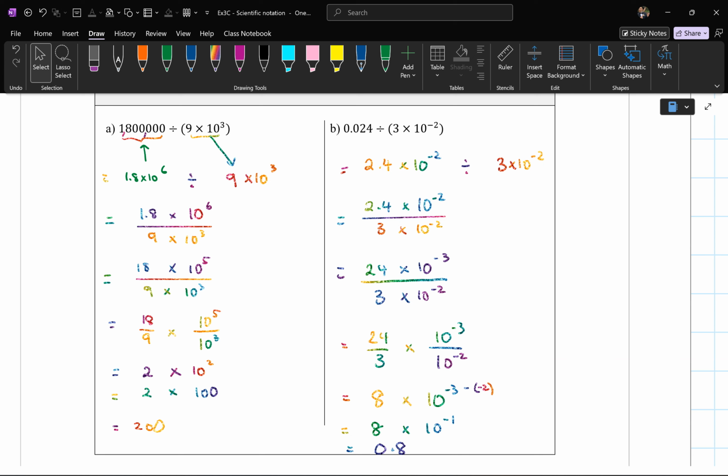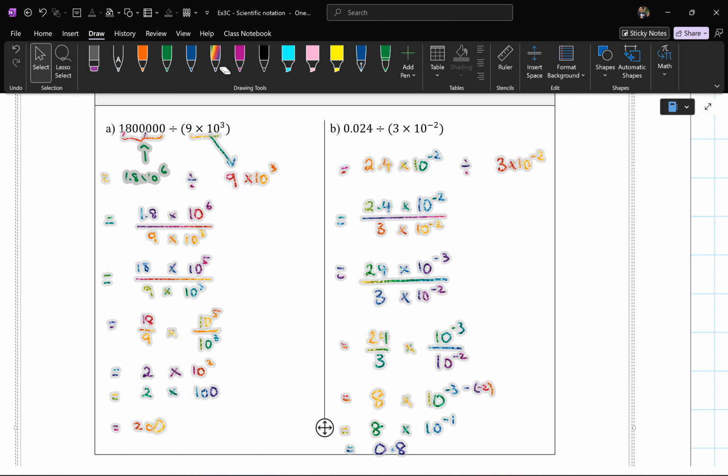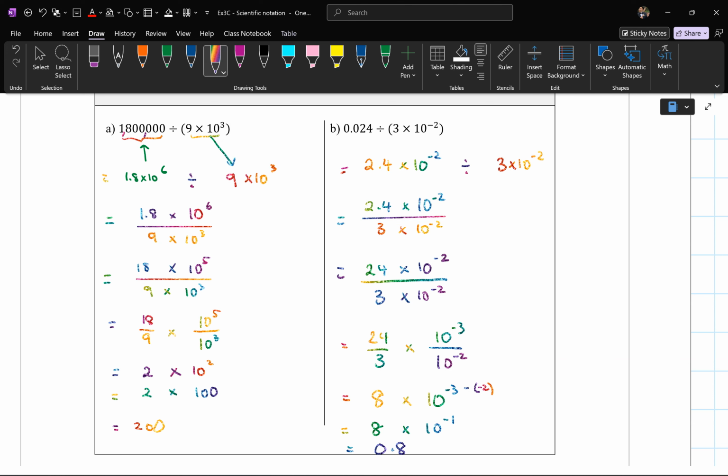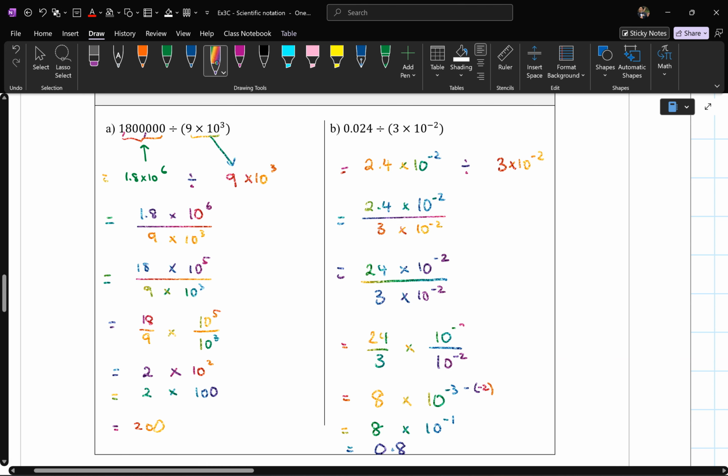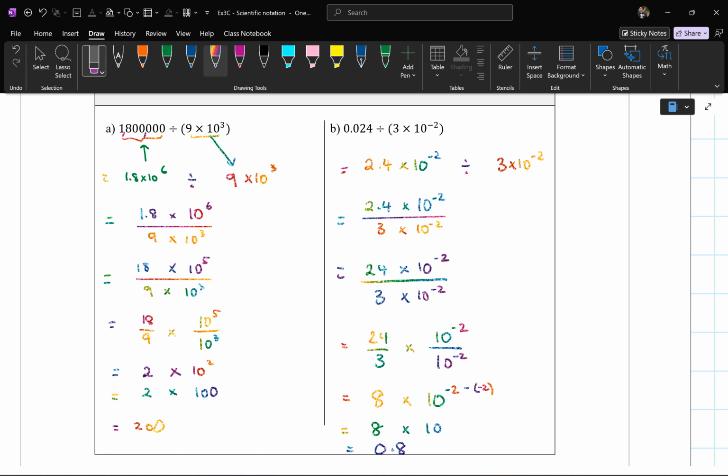Aims to get the 8. But the final answer should be 0.8. Oh, wait, did I do it wrong? Oh, I did it wrong, sorry. Oh, my bad, my bad. You were right. Oh, no, I was right.